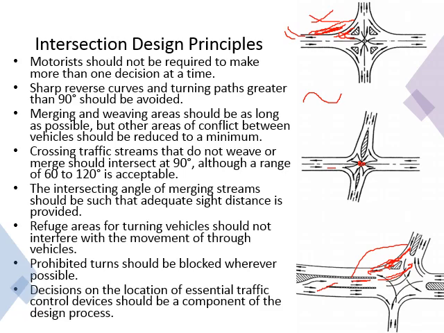And similarly, instead of putting the exit here at this point, if I put the exit here, then I am providing more length of the road to do this crossing, right? Somebody who wants to exit has more space available to make this exit, and somebody who wants to cross him again has more space available to cross him. This is how you increase the weaving area.